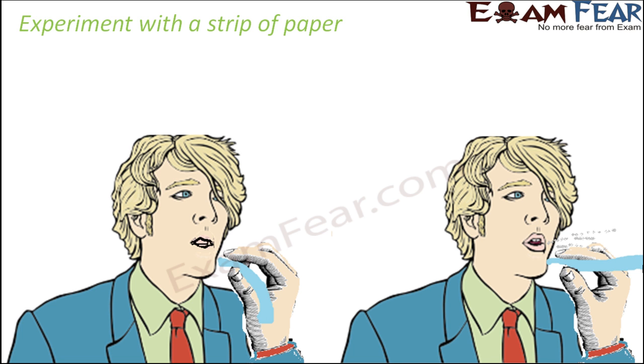So why is that? Again here, when we blow hard, what happens? The wind speed in this region increases. So let's call this region as region 1 and this region as region 2. The region above the strip of paper is region 1 and the region below the strip of paper is region 2. Now when we blow hard, we are actually blowing in region 1. So what happens in region 1?